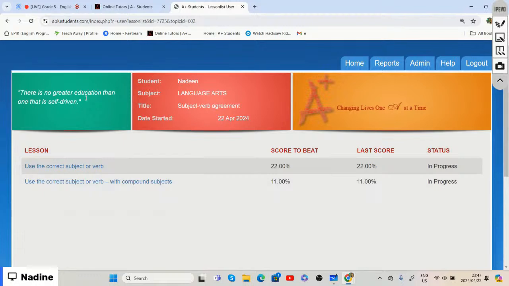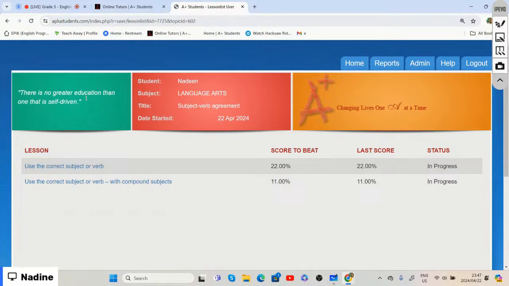All right, so this is now the end of our lesson on subject verb agreement. We said that when it comes to subject verb agreement, the subject and the verb need to agree with one another, right? We said that when we have a singular subject, which refers to one person, animal, place, or thing, then it needs to agree with the verb that ends with an s, es, or ies.